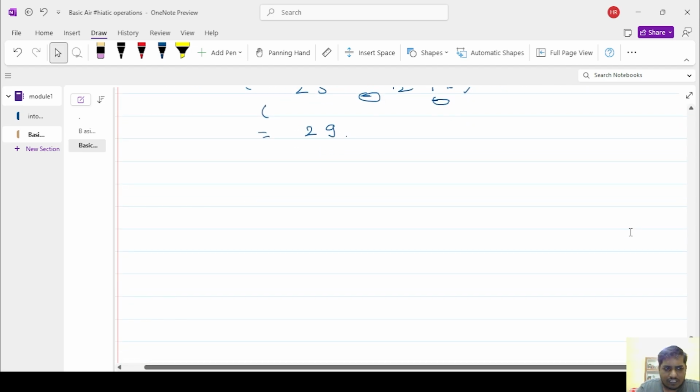Similarly, if we take another case, 7 minus 2 plus 4 plus 18 divided by 3.